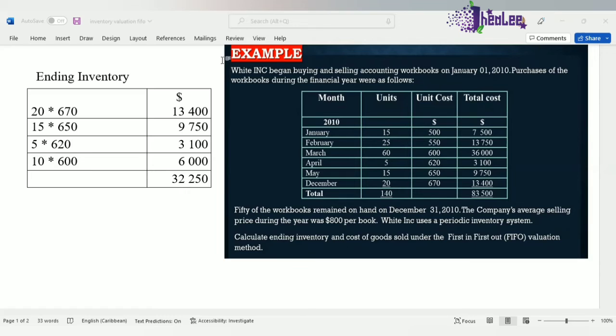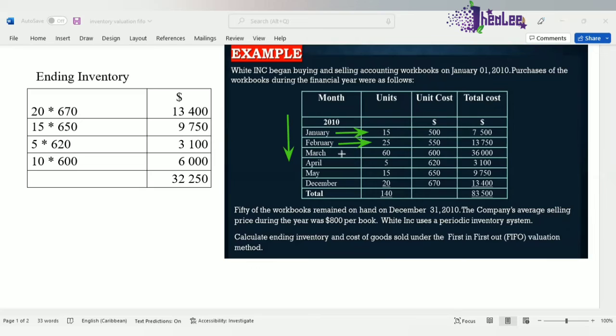Now, first in, first out, we are valuing our cost of goods sold. We sold 90 units. What did we sell? Remember, earlier we determined that we sold the 15 because it's first in, first out. We're going from the top to the bottom to determine what we have sold. So the 15 units that were purchased first, the 25 units that were purchased in February, which would have been after the 15 units, and that gives us so far a total of 40 units.